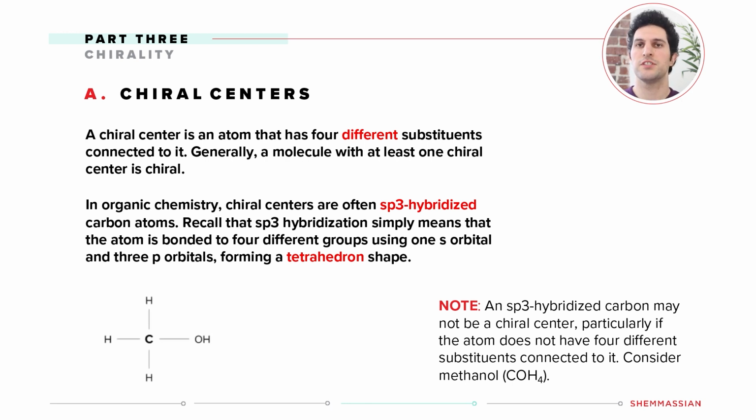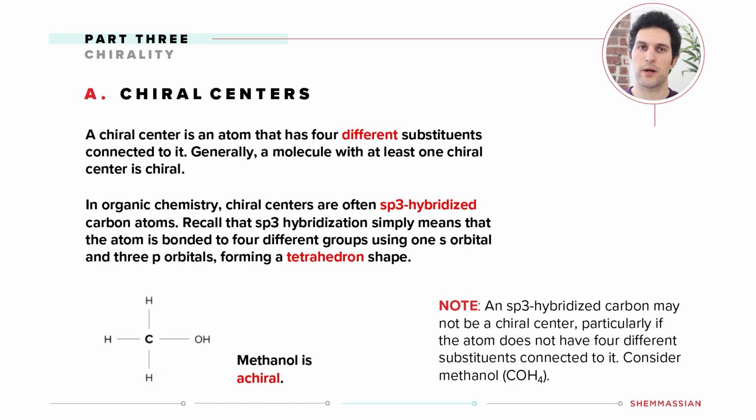Consider methanol, CH3OH, for example. Although the central carbon is sp3 hybridized, the carbon is not connected to 4 different substituents as it is bound to 3 hydrogens. Thus, the molecule can create a self-superimposable mirror image of itself and is therefore achiral.